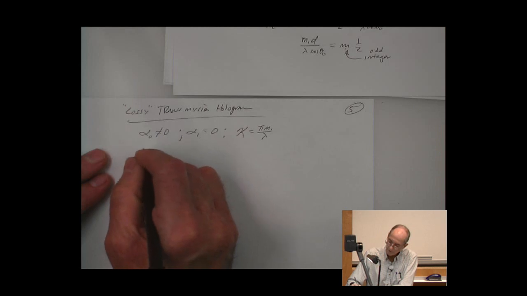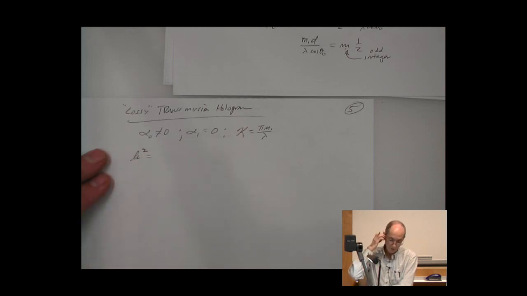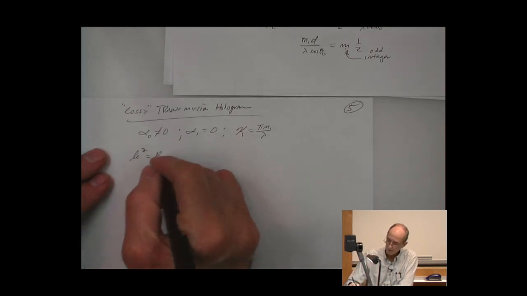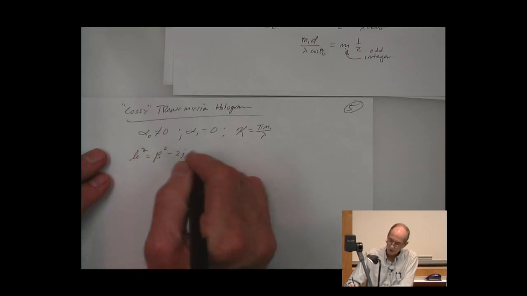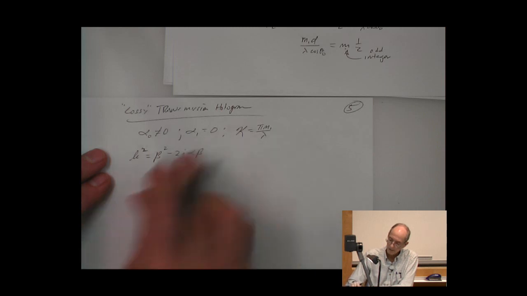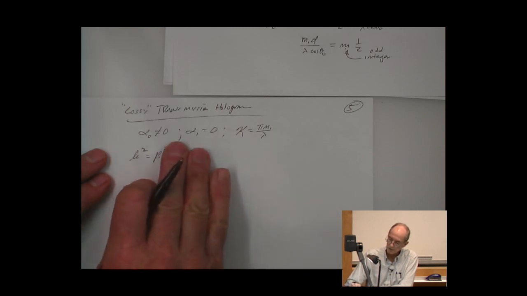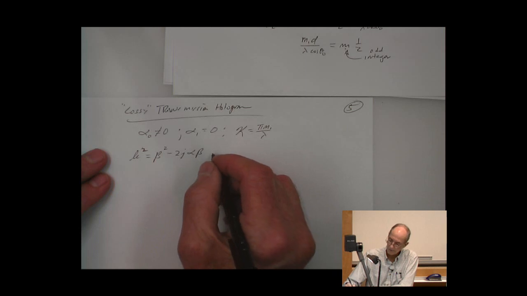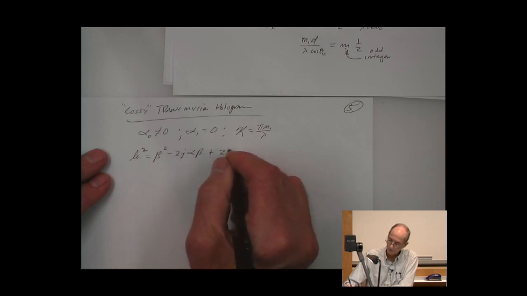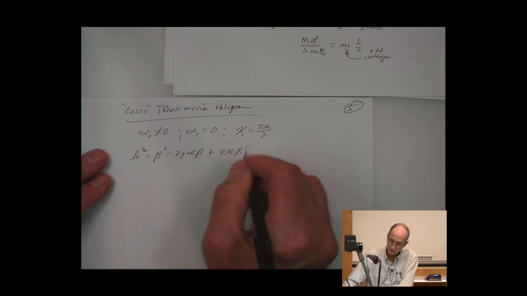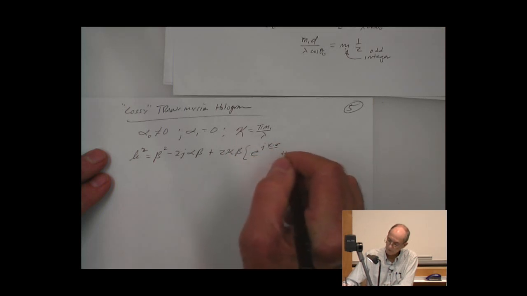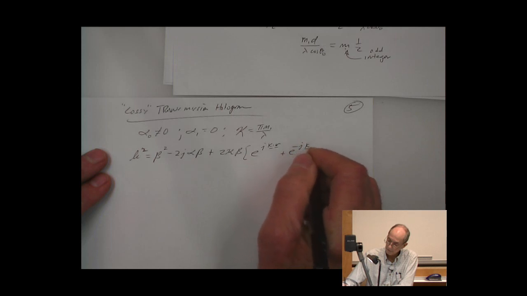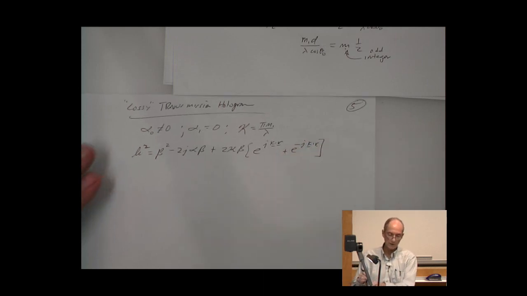So with this, remember we talked about the propagation constant in the Helmholtz equation at the start. The k squared is beta squared minus 2j alpha beta. In the last case this term was not there, but in this case we have to deal with it. And here we have 2 kappa beta times e to the j k dot r plus e to the minus j k dot r.